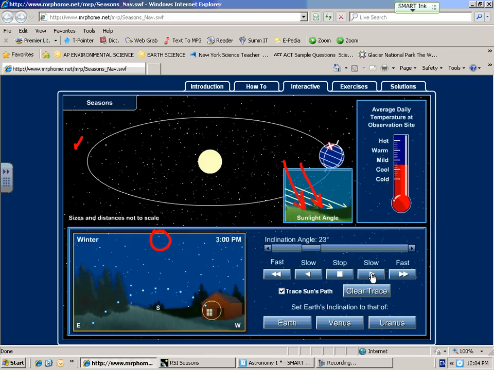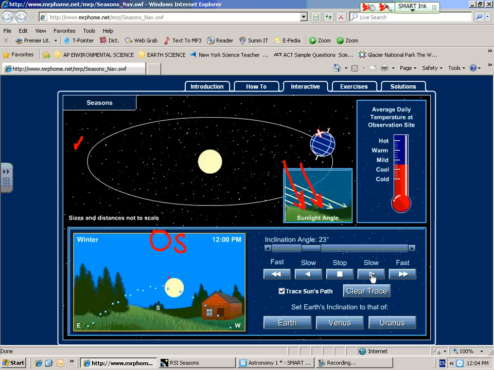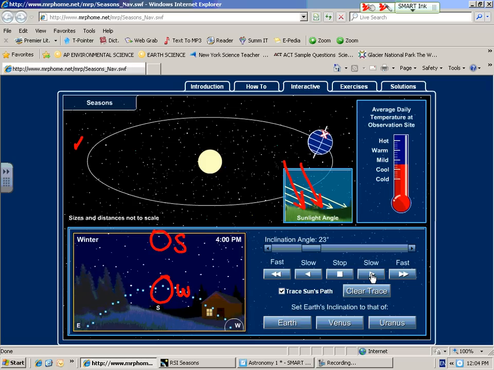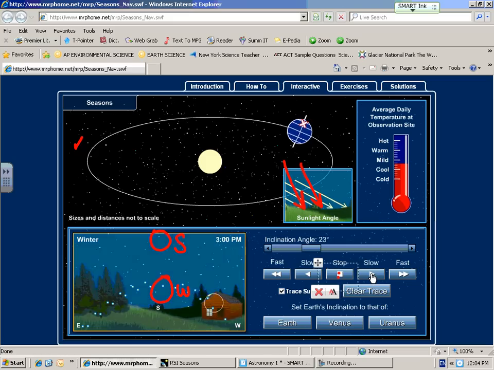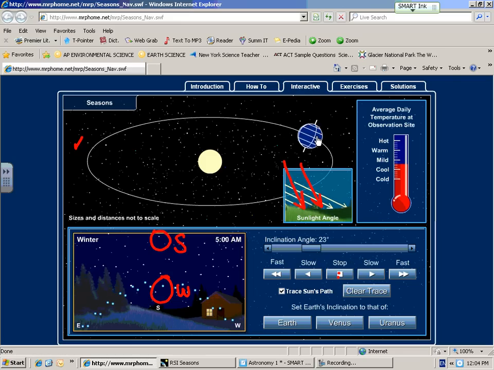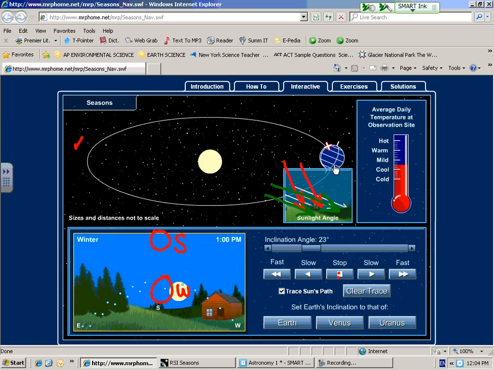Notice how low that sun is in the sky. Instead of being at that nice high summer sun angle, now it's in the winter sun angle. If we were to pause this for 1 second, take this back, you can see that the sun is actually at a very, very, very low angle.